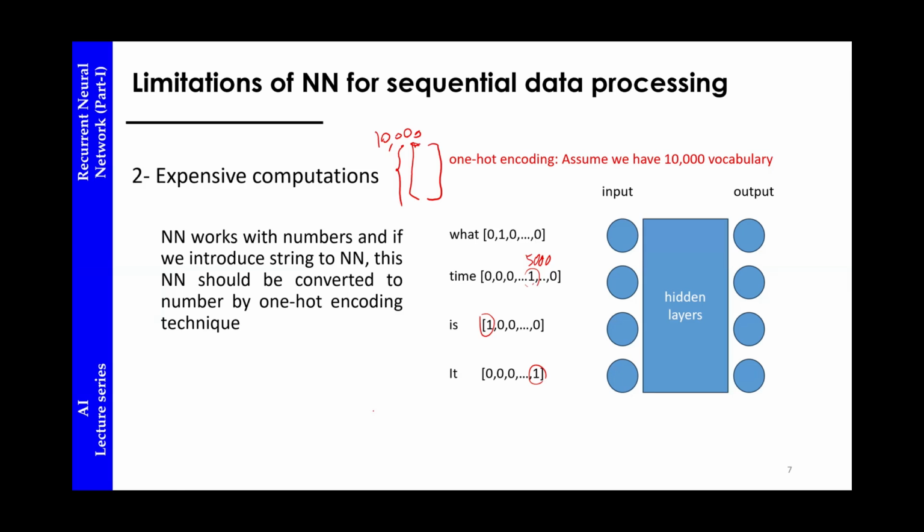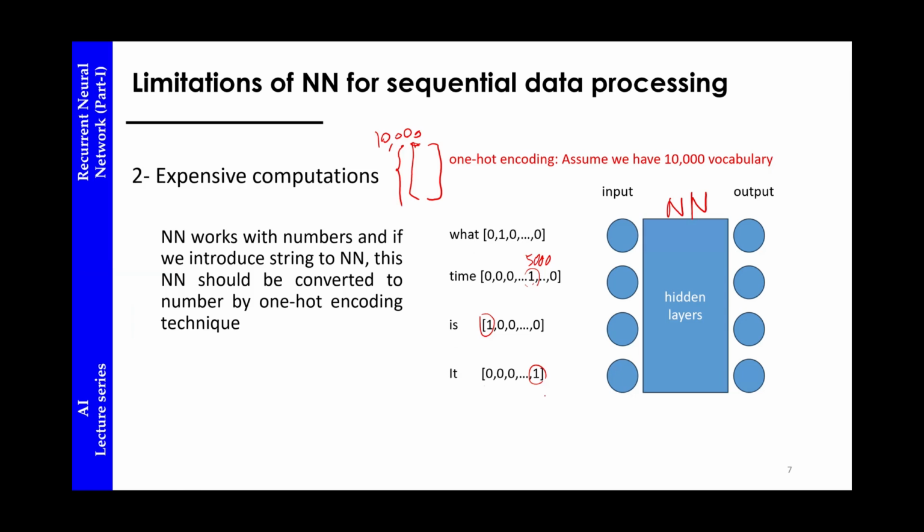By this method, we can convert our words, our sentence, to vectors. And now these vectors will be introduced to the neural network. This method is computationally expensive.